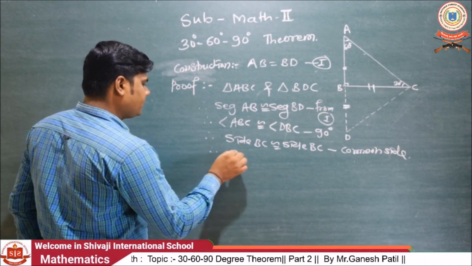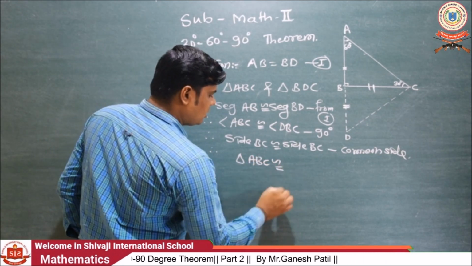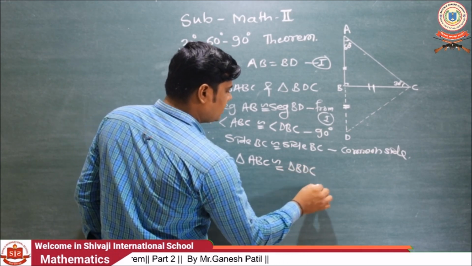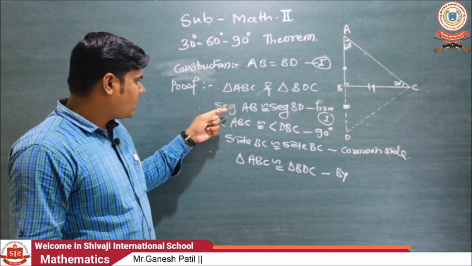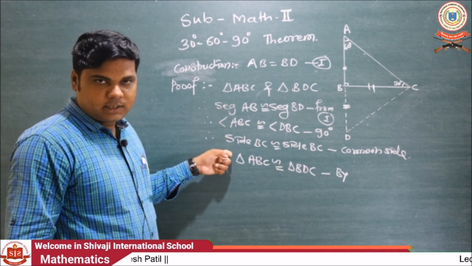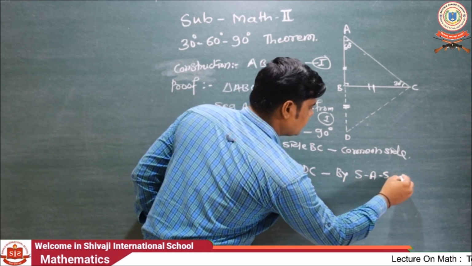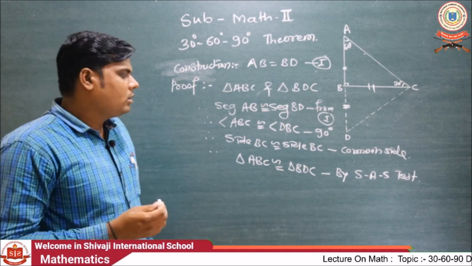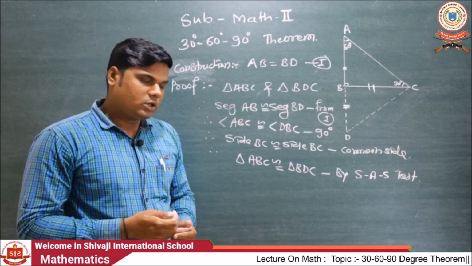Then triangle ABC is congruent to triangle BDC by the side angle side test of congruency, the SAS test of congruency of triangles. These two triangles are congruent to each other.